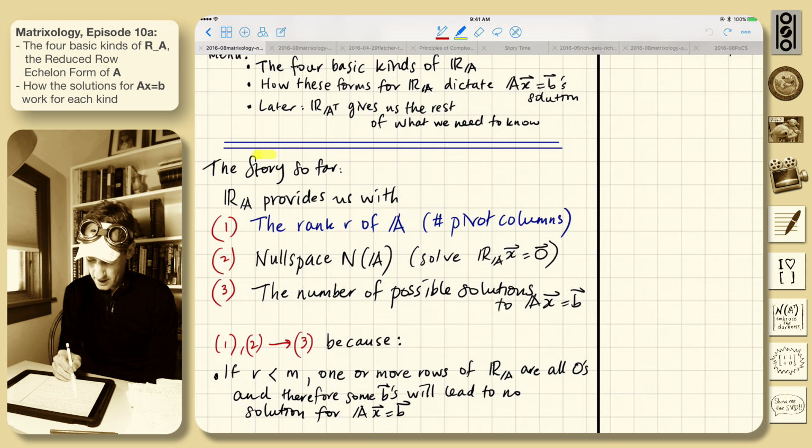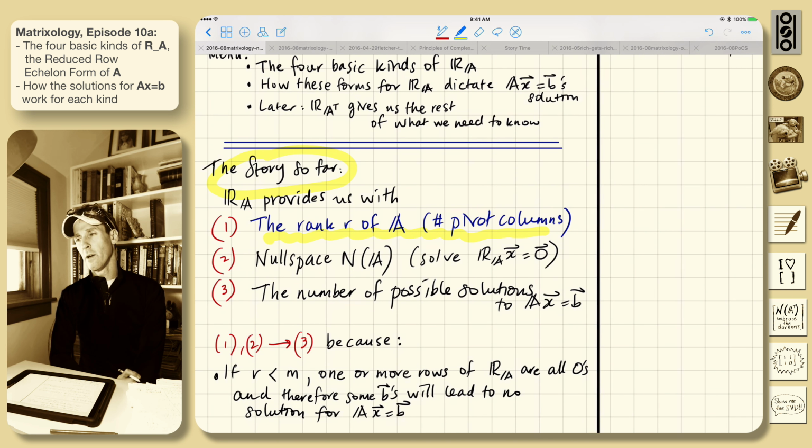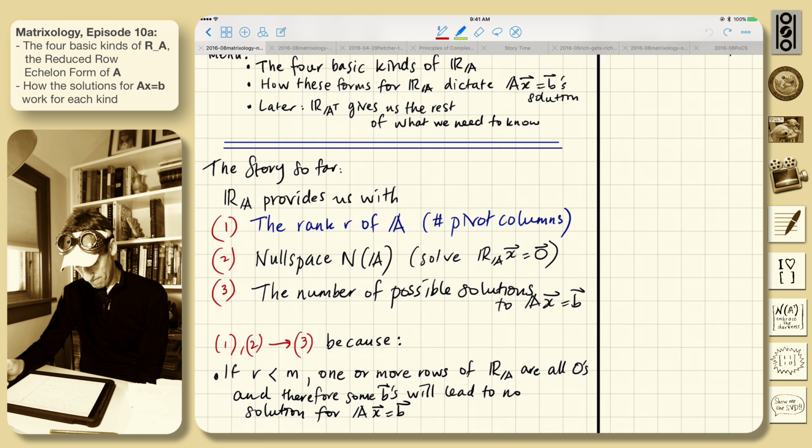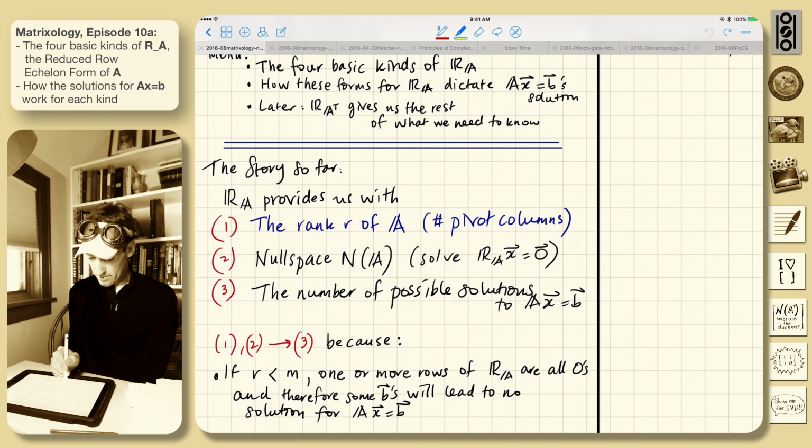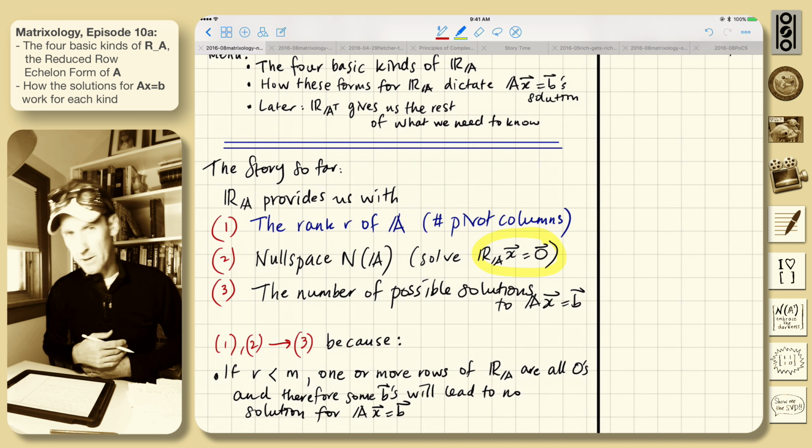Right, so the story so far, what we've learned so far is that R sub A, by definition, gives us the rank of A, which we'll write as small r, and that's the number of pivot columns. Good, and then the null space comes out of solving AX equals 0, which through row reduction is the same as solving R sub A x equals 0.